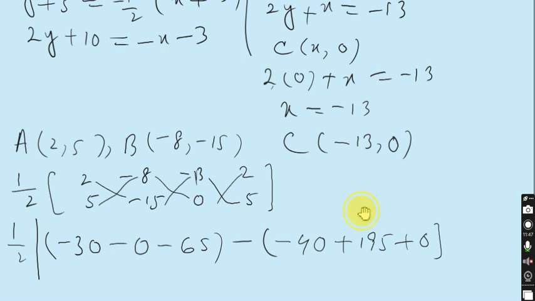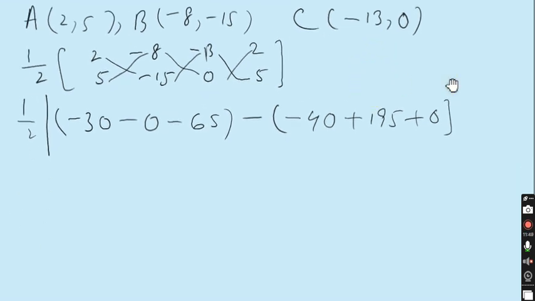Simplified, 1 upon 2, minus 30 minus 65 is minus 95. 195 minus 40 is 155.